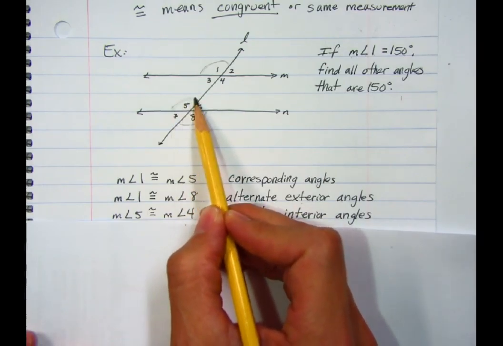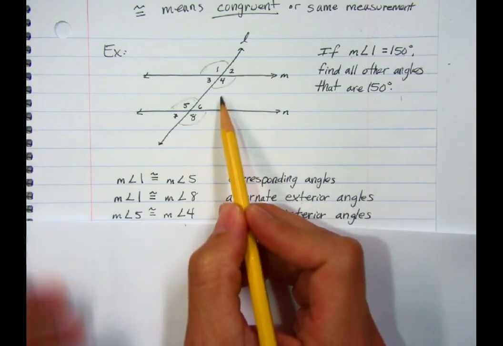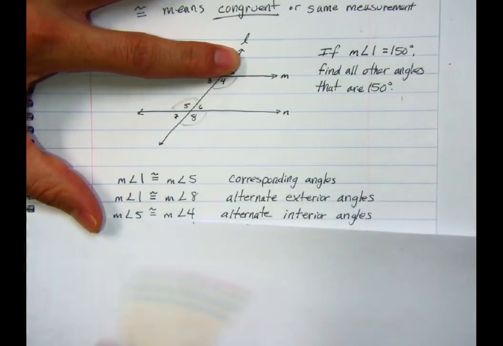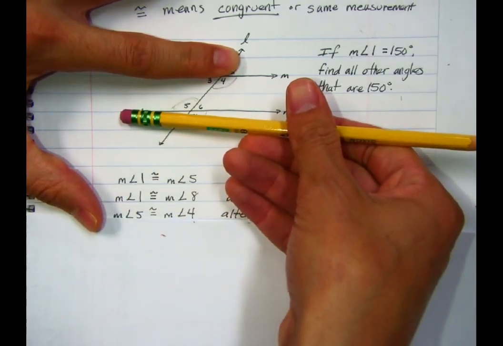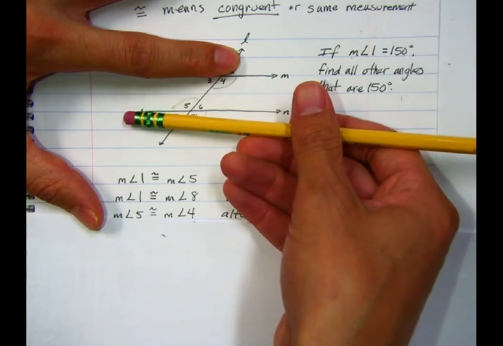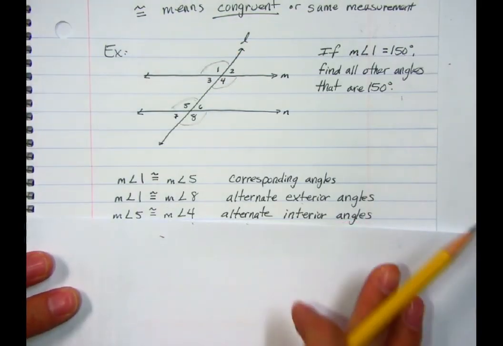I know that angle 5 and angle 4 are congruent because 5 is on the left, 4 is on the right, and they're inside of the parallel lines. So alternate interior angles.